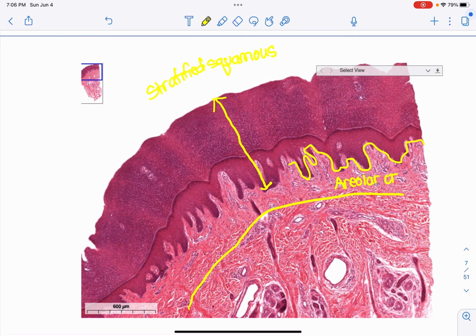And then deep to the areolar connective tissue, to support skin and give it its strength, you are going to find dense irregular connective tissue. Again, this is what is going to provide skin with some strength. So now we're going to get into the nitty-gritty and talk about the anatomy of skin.